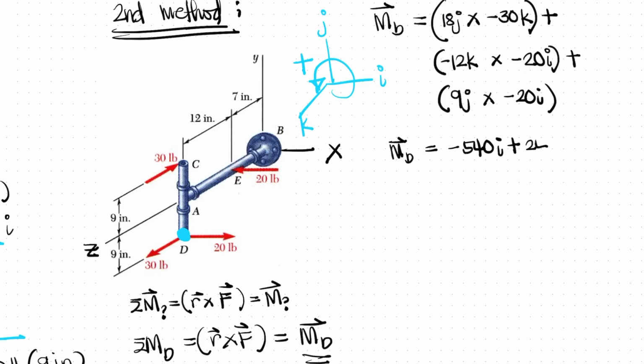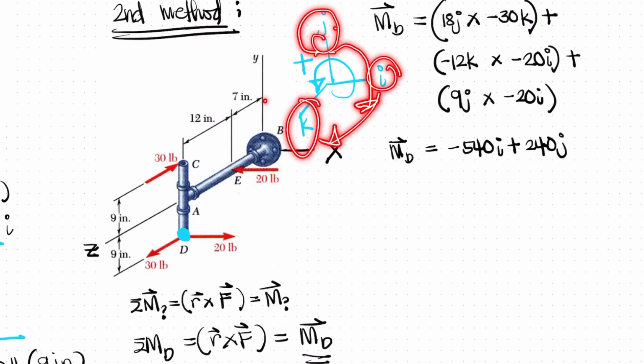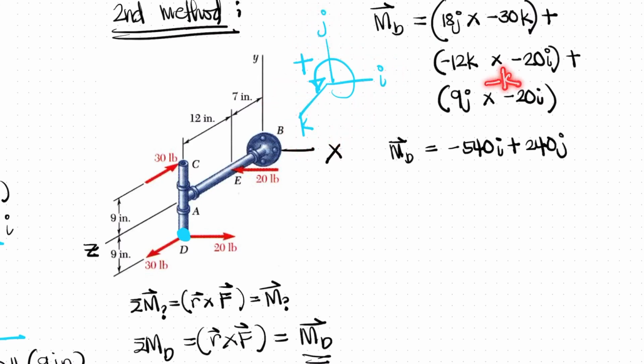So, plus 240 G. Then, J times I. The direction is opposite, J times I equals negative K. So, negative K. 9 times 20 is 180. 9 times negative is negative 180 times negative K. So, positive 180 K. The unit is pound-inch.